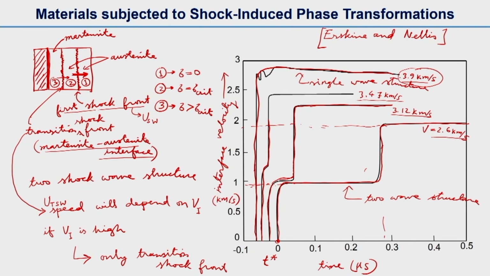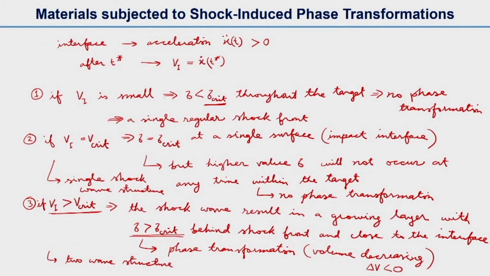That I have already told, only the transition shock front, a single wave structure. If you want to see the earlier slide again: when Vi is very small, it has a single regular shock front, and when Vi equals V critical you also have a single shock wave structure.